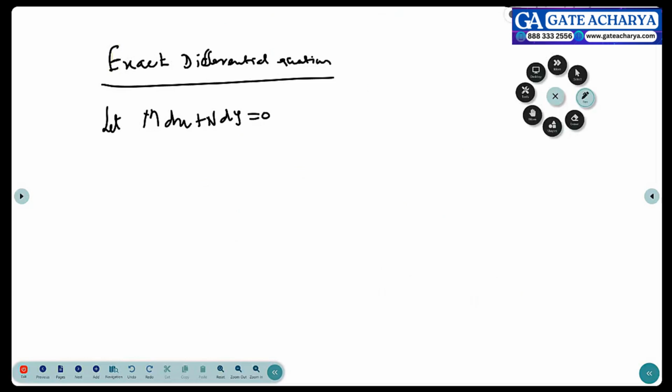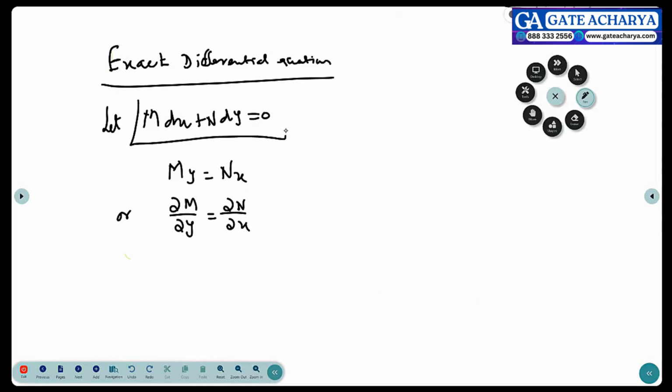The condition for existence of exact: what is the condition? M_y is equal to N_x. M_y means partial M by partial y, and N_x means partial N by partial x. So M_y is equal to N_x is the short form. If M dx plus N dy is equal to 0 is exact, the condition is that M_y is equal to N_x. Then the given equation is exact.